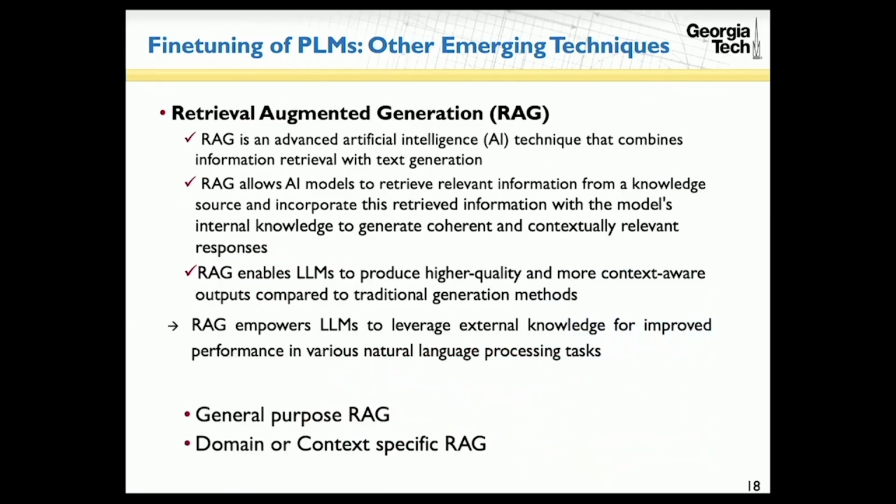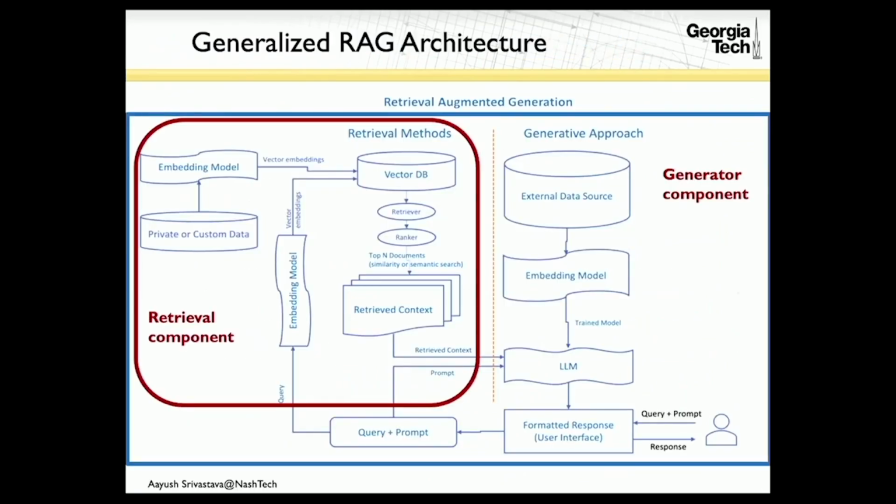And I want to mention a little bit on the RAG architecture. Basically, retrieval augmented architecture can be used for a large language model, large vision model, and large cross-modal model.